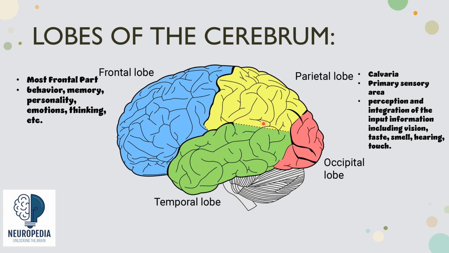Anteriorly, it is the central sulcus, this part, that separates the parietal lobe from the frontal lobe, and posteriorly, the parieto-occipital sulcus separates it from the occipital lobe. The parietal lobe is regarded as the brain's primary sensory area that regulates the perception and integration of input information, including vision, taste, smell, hearing, and touch.